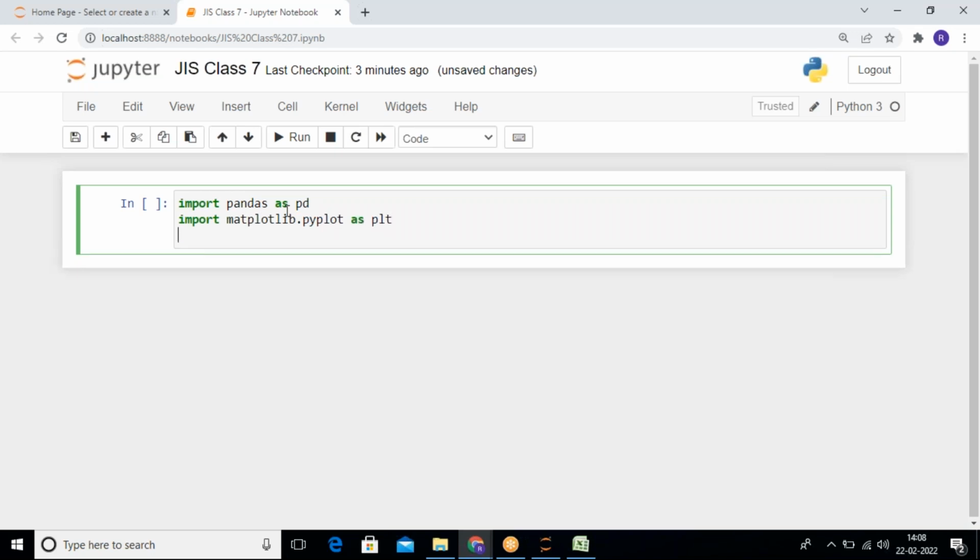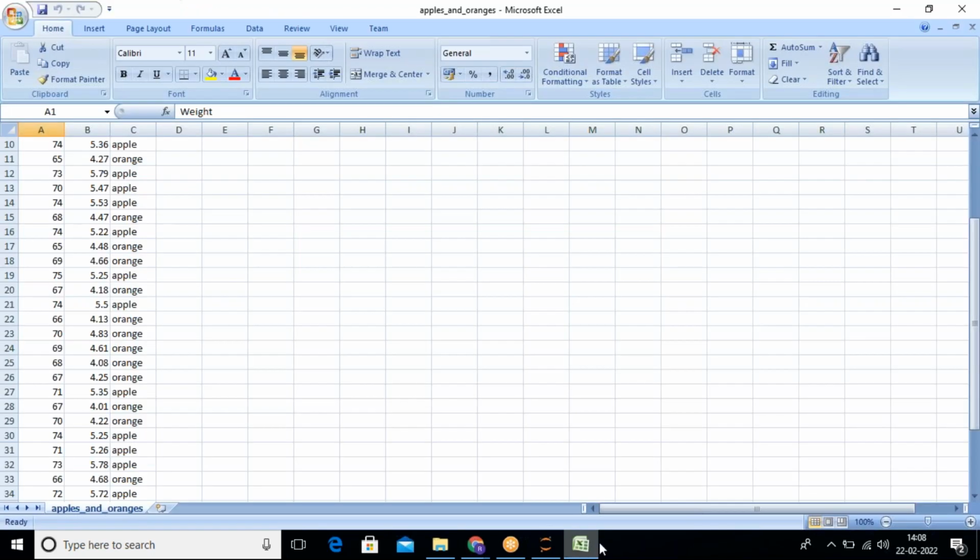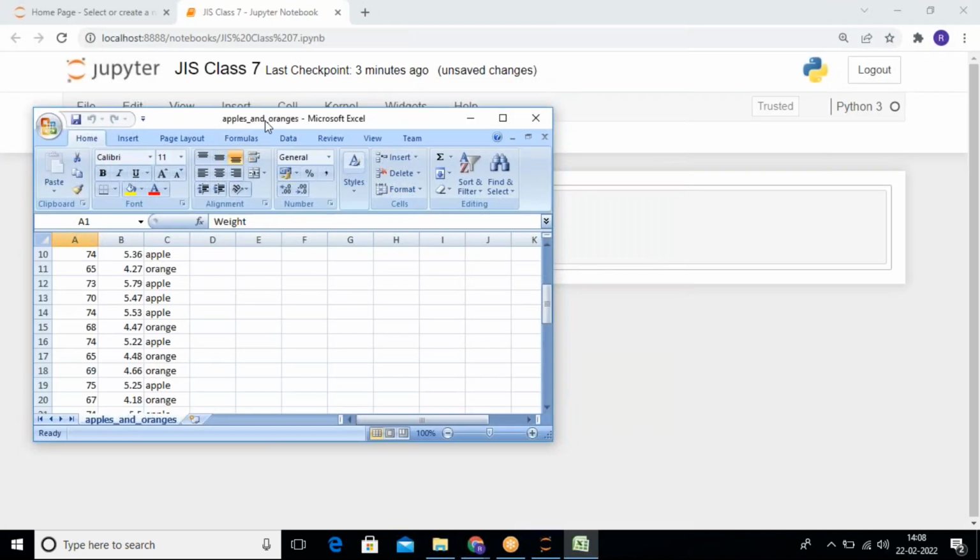Import matplotlib.pyplot. Okay, and data equal to pd dot read underscore csv. What was the name of the data set? Apples and oranges.